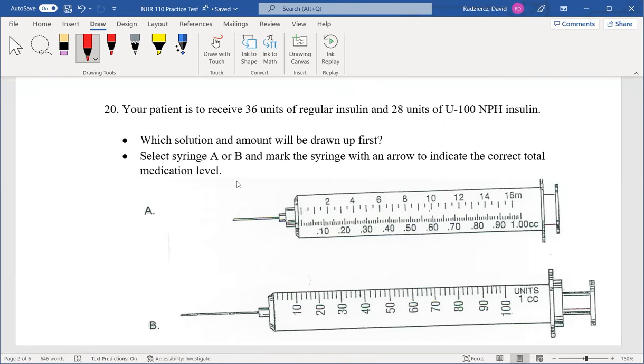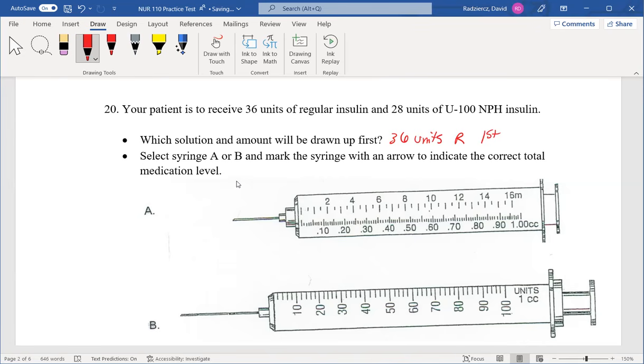So first of all, the solution to be drawn up first is always going to be regular first, and then the other types of insulin. So which solution and amount? 36 units regular first. R is for regular, so that's what gets drawn up first.